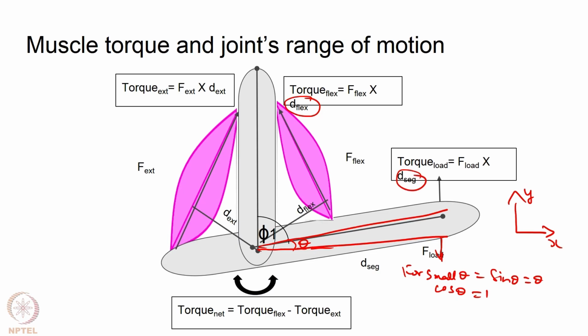And by the way, d_flex, which is the momentum of the muscle, actually varies as a function of phi. d_flex is a function of phi, and it reaches a maximum around the middle of the joint's range of motion. So, if the joint has a range of motion of say 100 degrees, then at about 50 degrees you are going to have the maximum momentum. Okay.